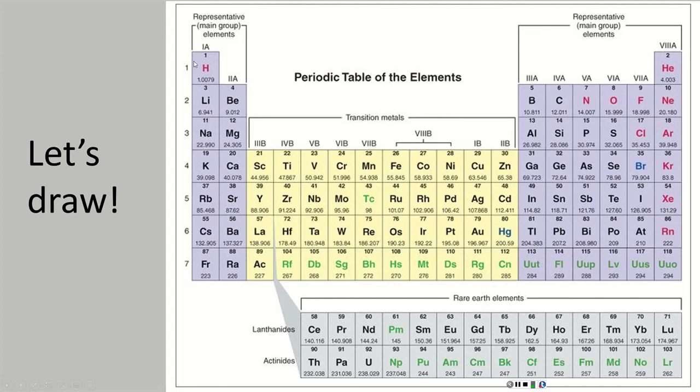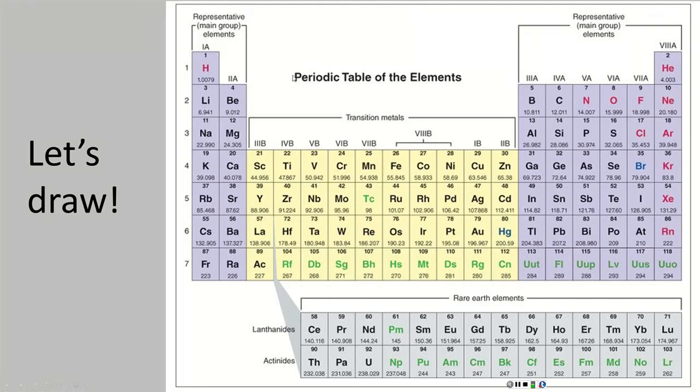Let's look at the Roman numerals first. 1, 2, 3, 4, 5, 6, 7, 8. Those numbers tell us how many electrons are in the outer shell. Whatever the farthest out shell is, these numbers tell us how many electrons are in that outermost shell.